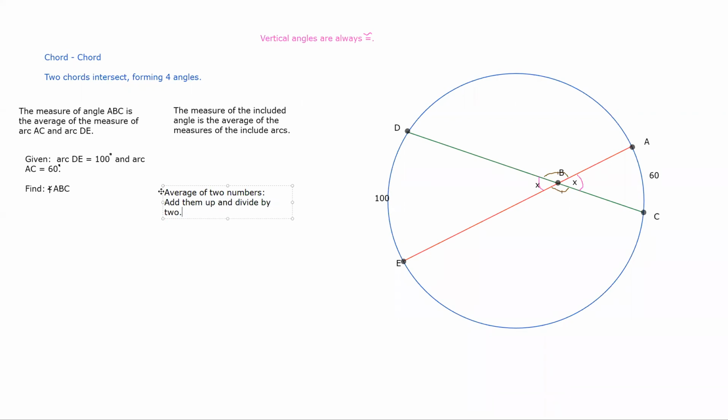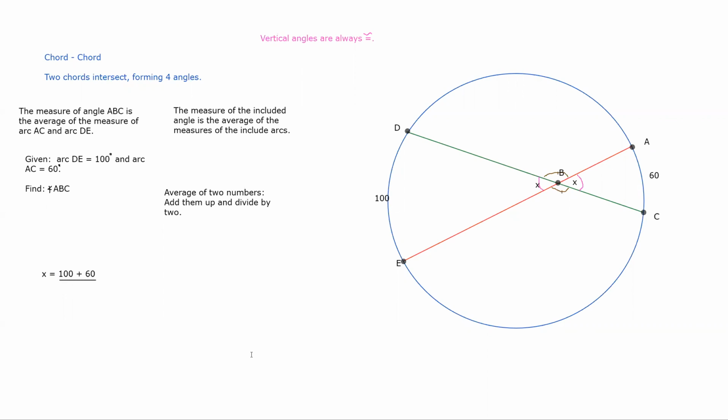If you were averaging 3 numbers, add them up and divide by 3. Well, we're only averaging 2. We have 2 arcs, arc AC and arc DE, so we're going to end up dividing by 2. The measure of angle ABC, which is what we're trying to find, that's our X, equals DE plus AC, all divided by 2. That's our average.